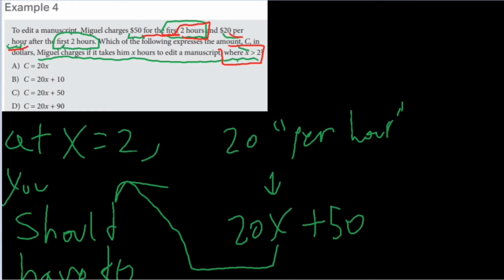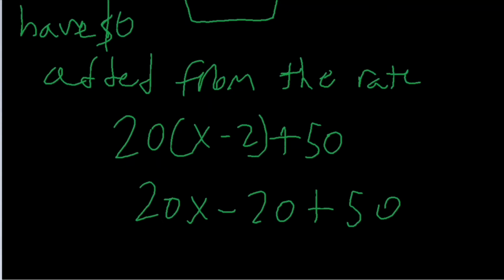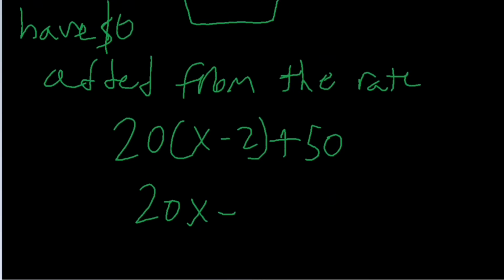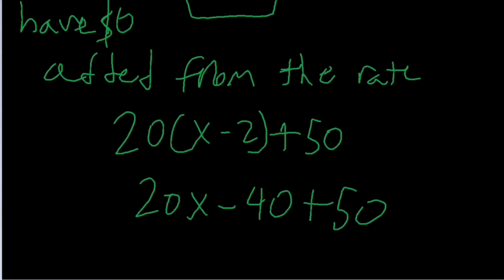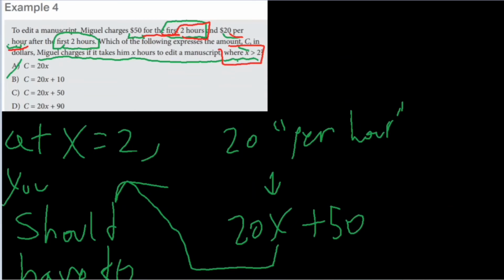But now we need to distribute, right? So when we distribute that, we get 20x minus 40 plus 50. And that accounts for the first 2 hours, because for the first 2 hours he doesn't get paid hourly, so we subtract 40 and we get an answer of 20x plus 10.